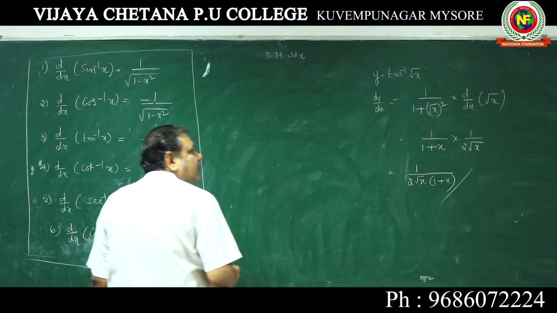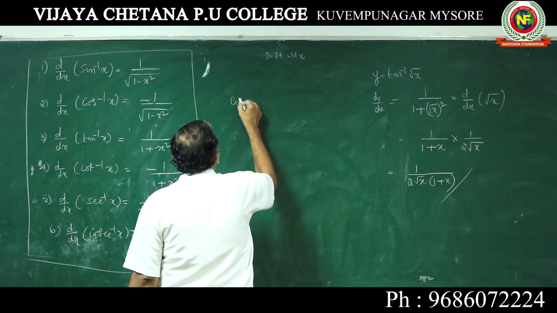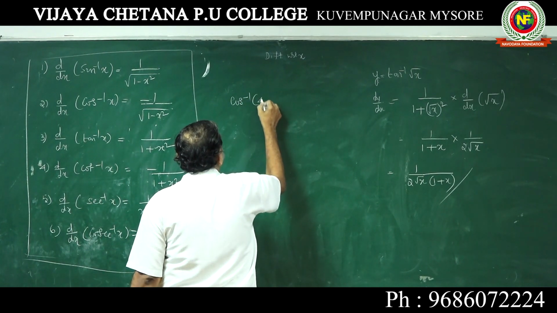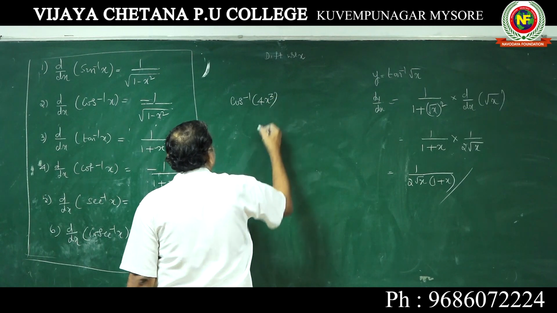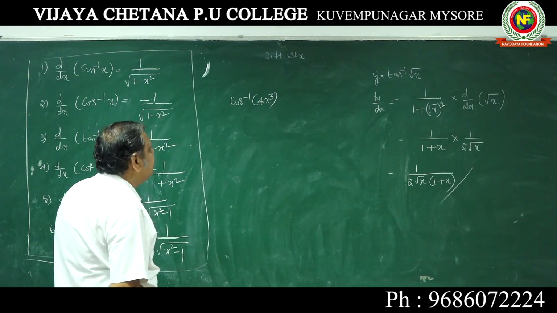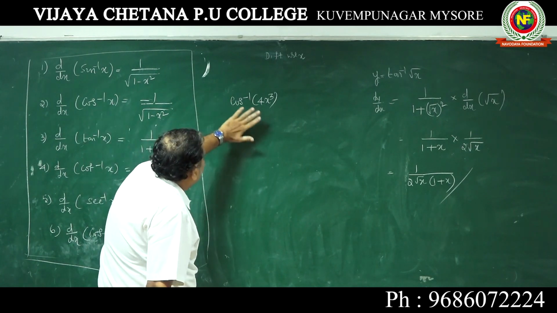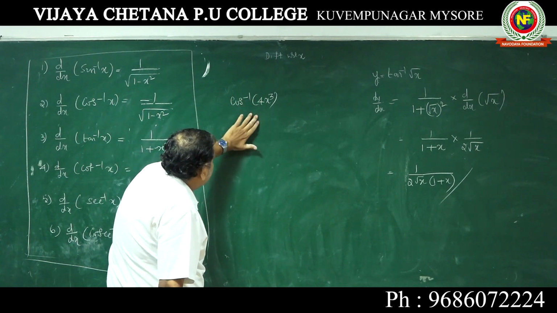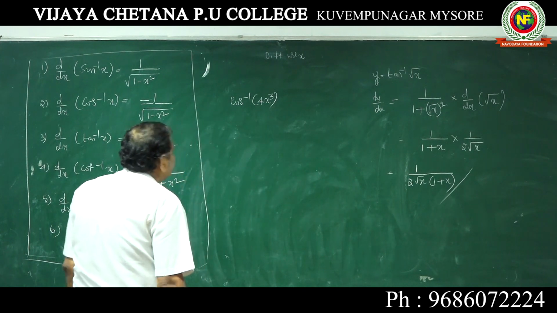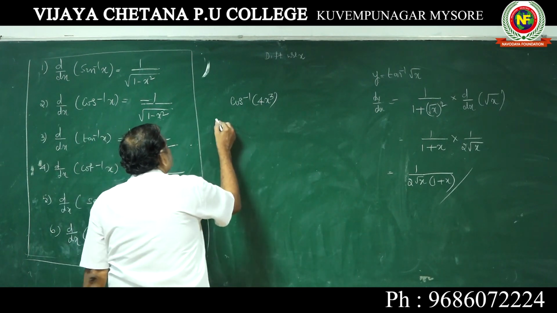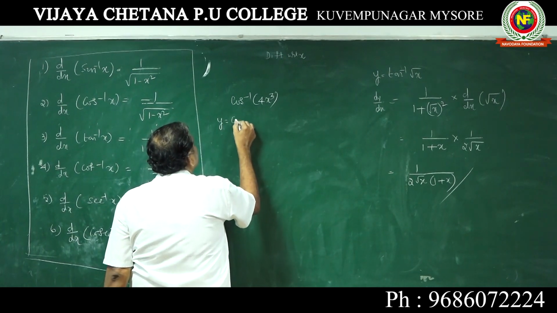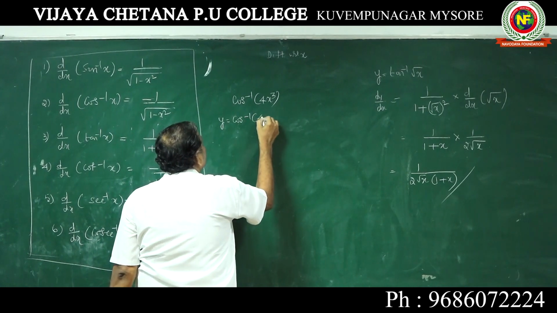Suppose they ask you to differentiate cos inverse 4x cube. Again it is a combination: you have to use the inverse trigonometric function as well as the chain rule. Now write y is equal to cos inverse 4x cube.